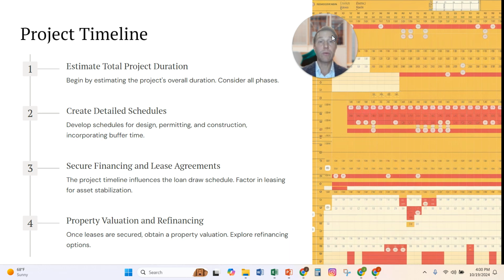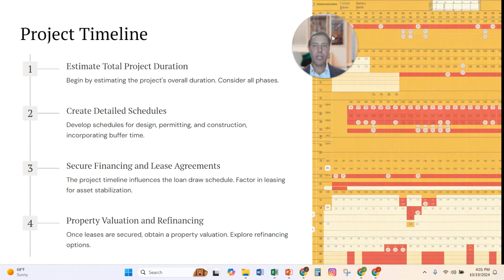We're also going to go into the project timeline. Obviously, the longer your project, the more you're going to spread out your returns. So you're going to estimate the total project duration, all phases, from land acquisition to design, entitlement, permitting, through construction, and lease up. You want to at least have a basic understanding of what those timelines are.